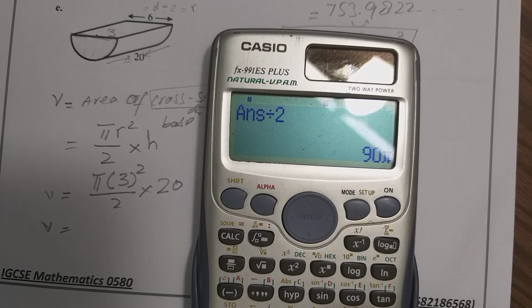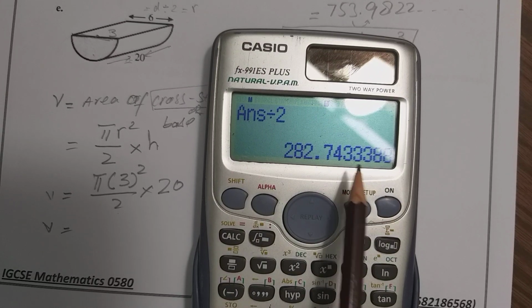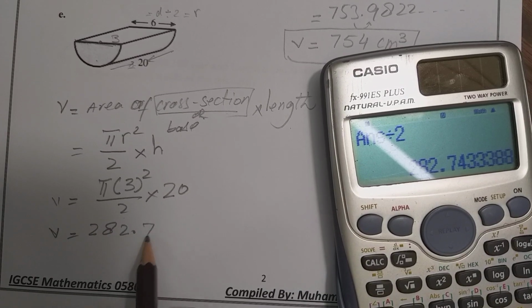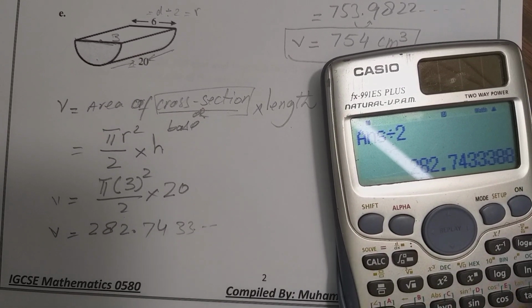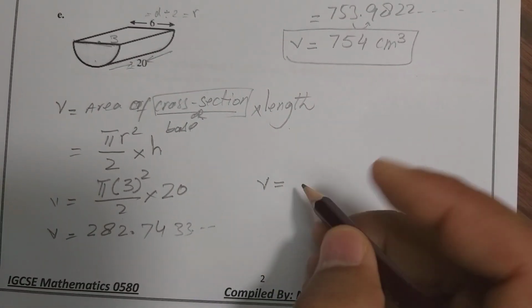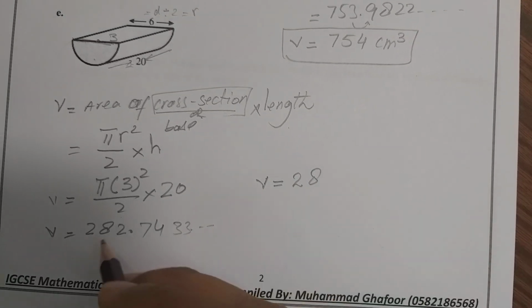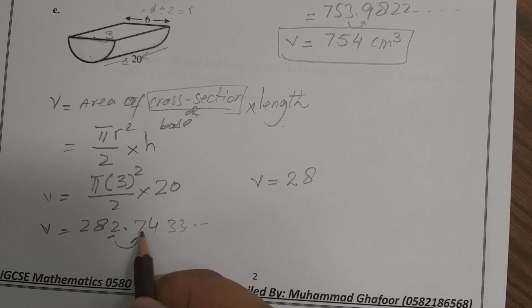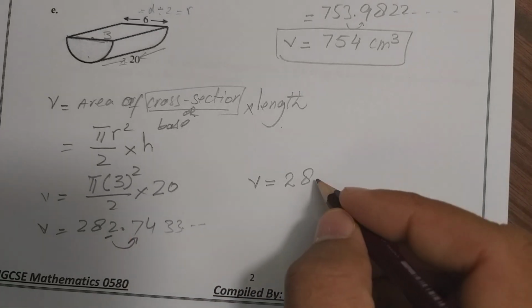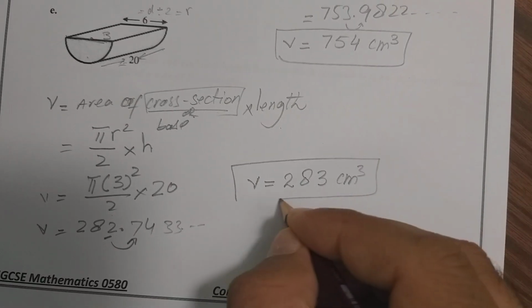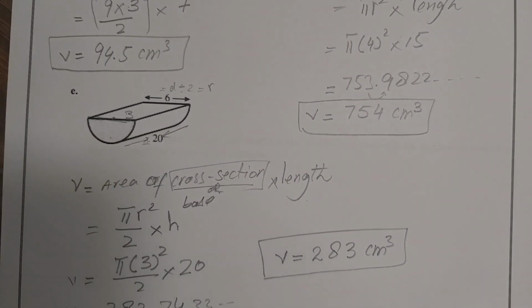We need to write it in 3 significant figures, so press S to D. You find 282.743 and so on. In 3 significant figures, the third number, and if the next number is 5 or more, we can increase it, so the volume is 283 cubic centimeters. So this is the volume of this semi-cylinder.